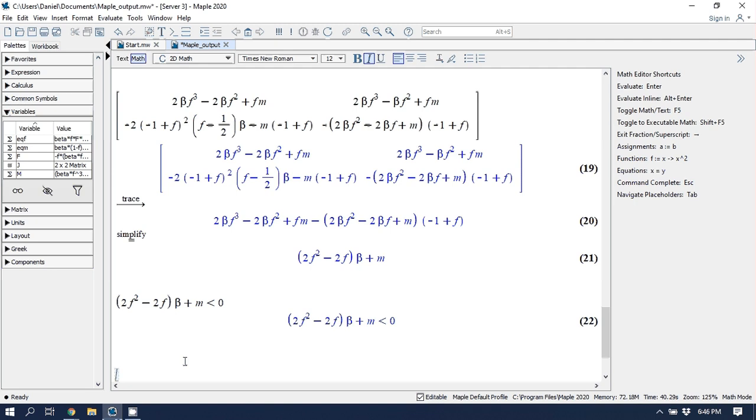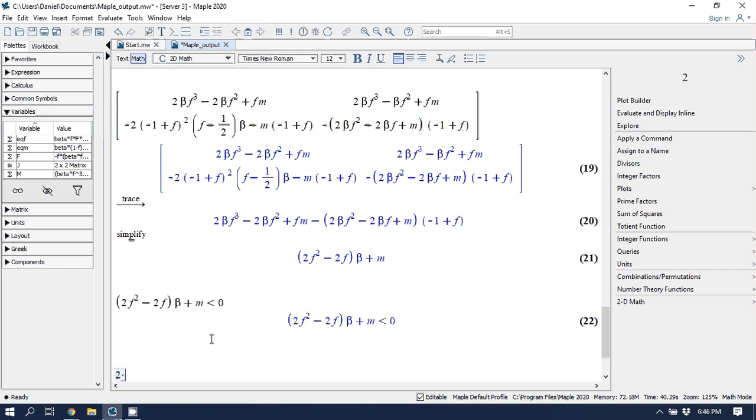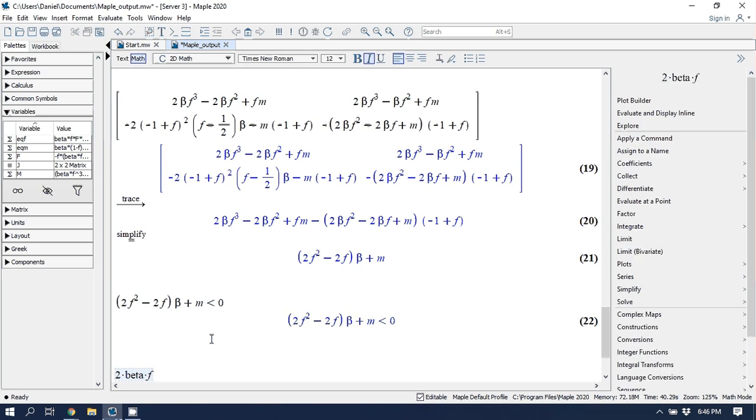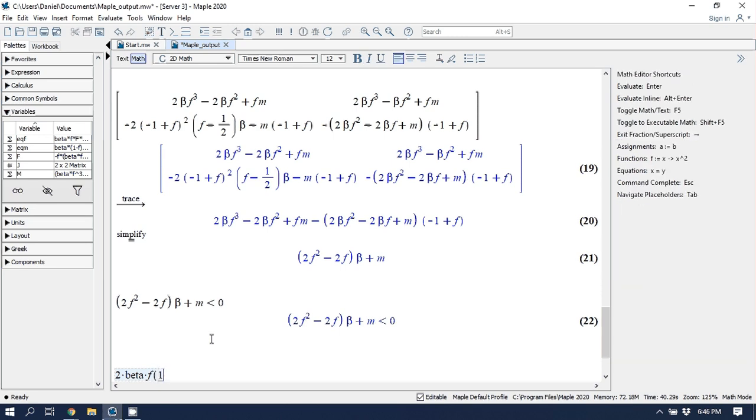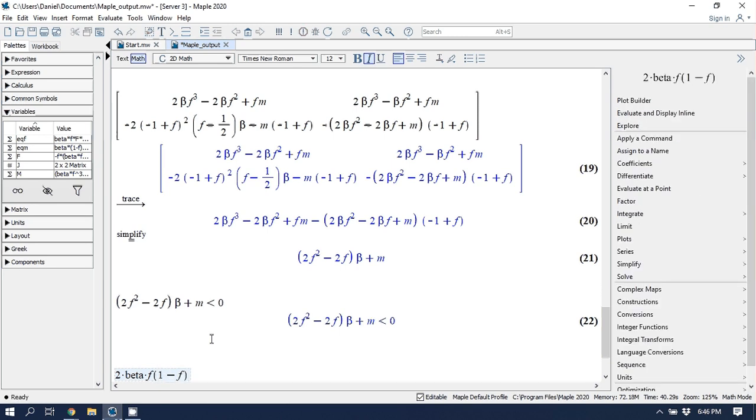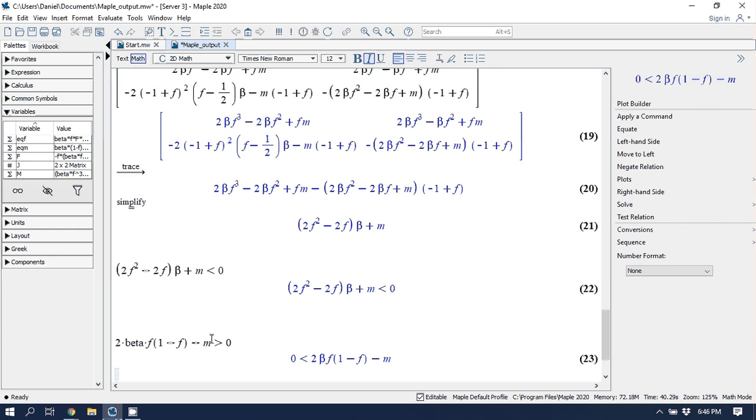So if I move the terms to the right hand side, this condition becomes 2 beta f minus, let's actually pull out 2 beta f. Let me see if that's going to help. Yeah, 2 beta f times 1 minus f, minus m, greater than 0. Okay, so that is the condition for the trace.